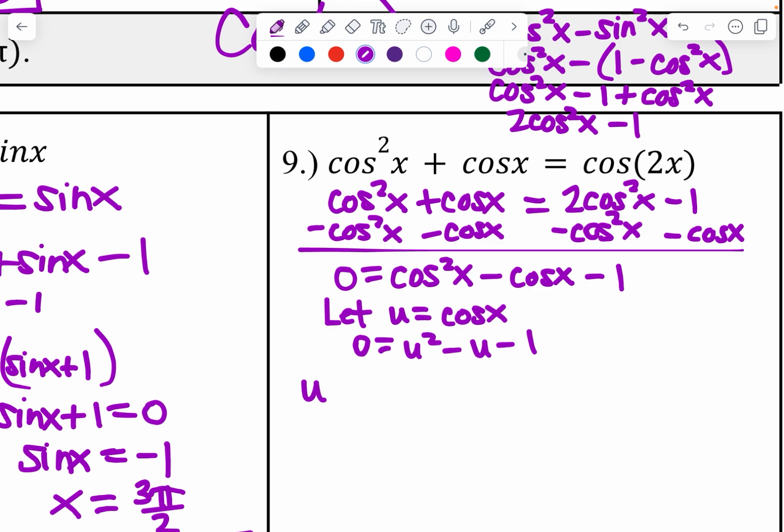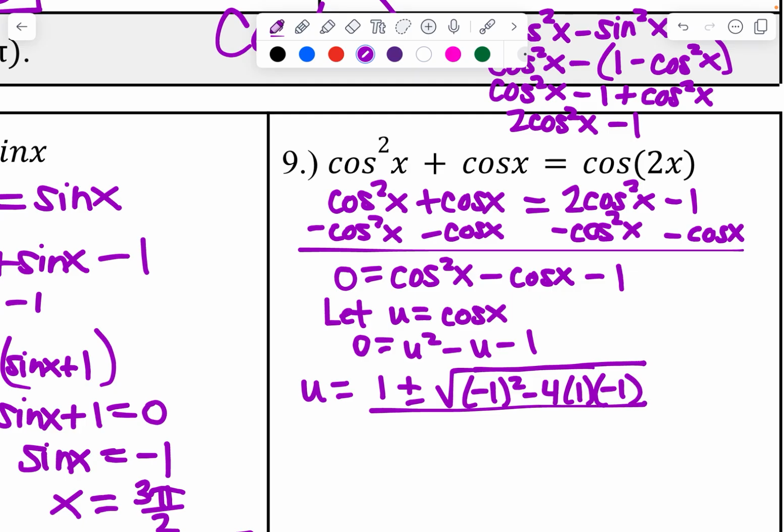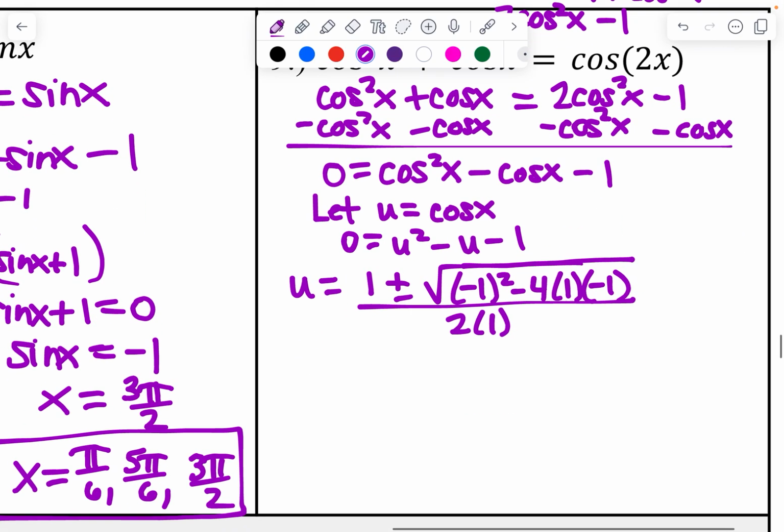In quadratic formula, we have the opposite of b would become positive 1 because b is the coefficient of your linear term. So b is negative 1. So it becomes positive 1 plus or minus the square root of that b value squared minus 4 times a times c, all of it divided by 2 times a.